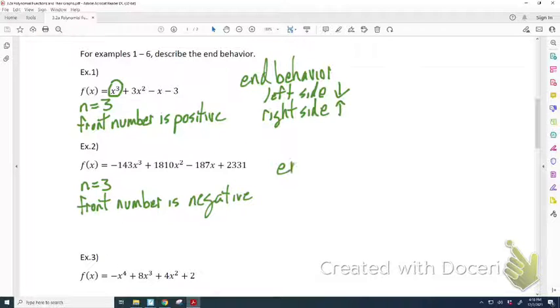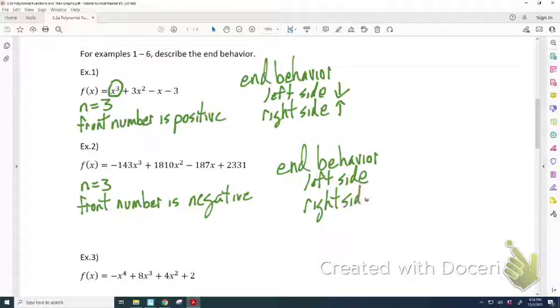And then let's write our answer, end behavior, left side, right side. So this time it's alternating what it was on number 1. So it's still odd, but front number is negative, so it starts from going up and it ends going down.